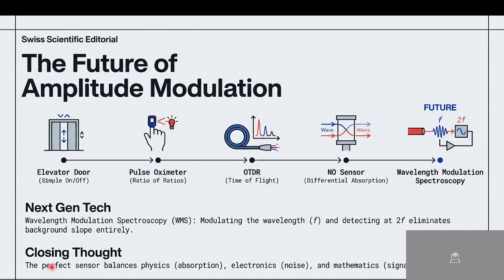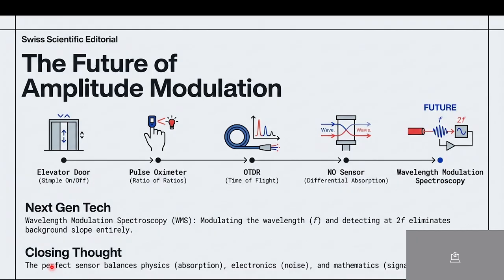Next is the pulse oximeter, where oxygenated hemoglobin can be easily calculated without any in vitro or lab testing.